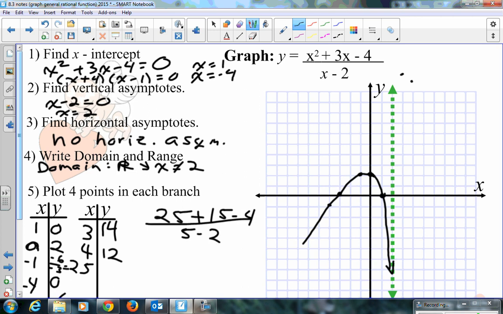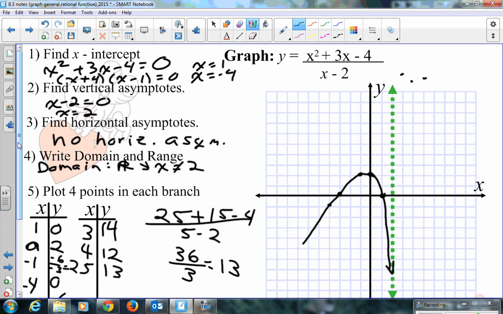Now let's see, 25 and 15 is 40, minus 4 is 36 over 3. Well, not quite, it's 12. Okay, but it is starting to go back up again.